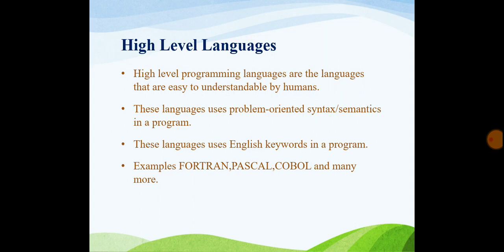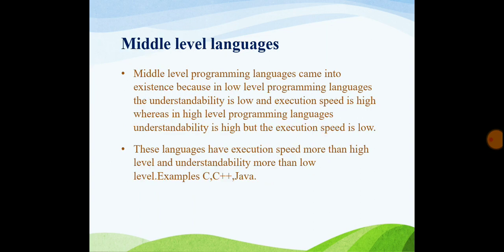These middle level languages provide all the features of the higher level languages, and they also allow the programmer to work with the computer memory and the data directly. These languages provide the features of lower level languages and also high level languages, so they are called middle level languages.